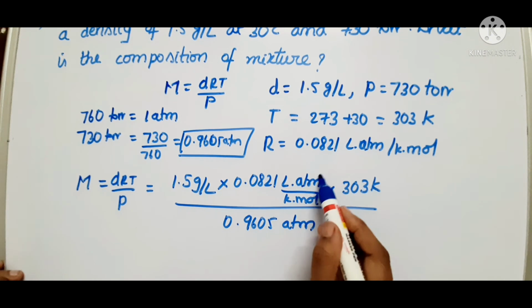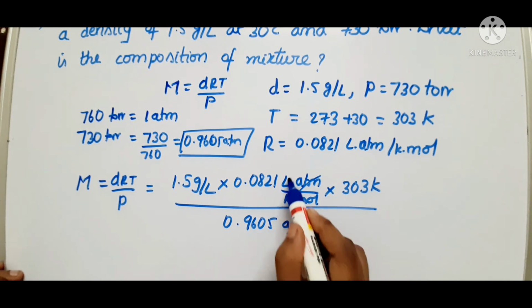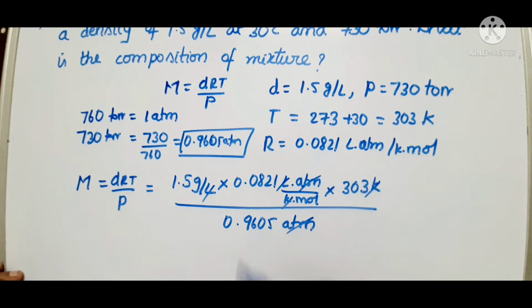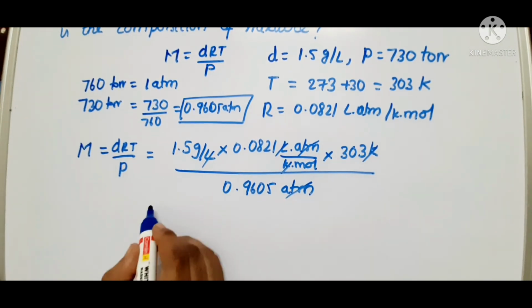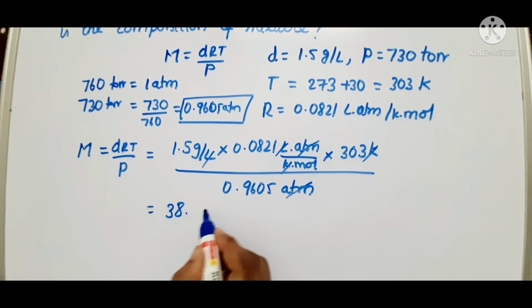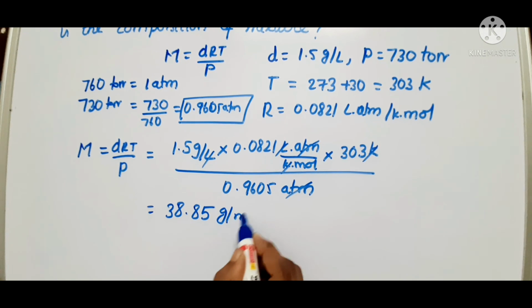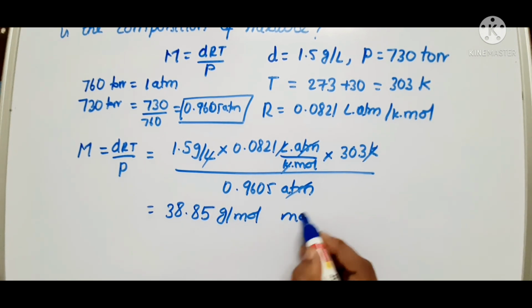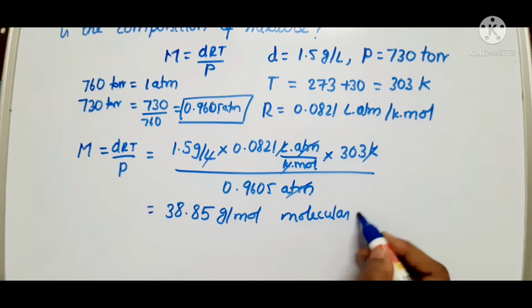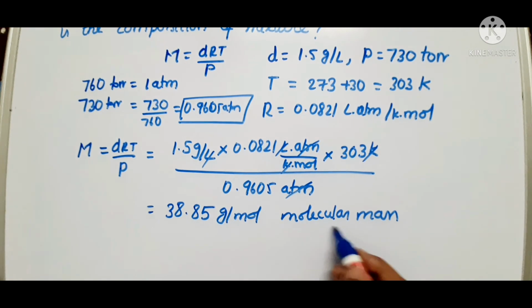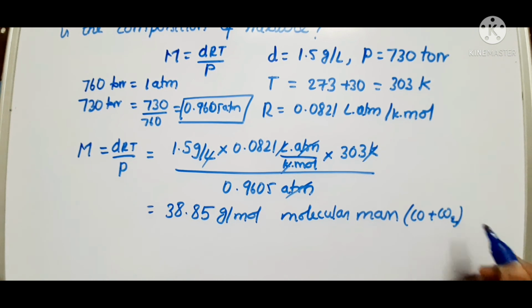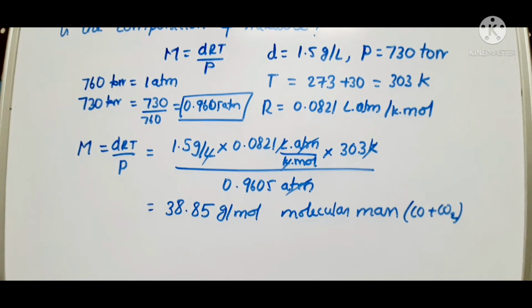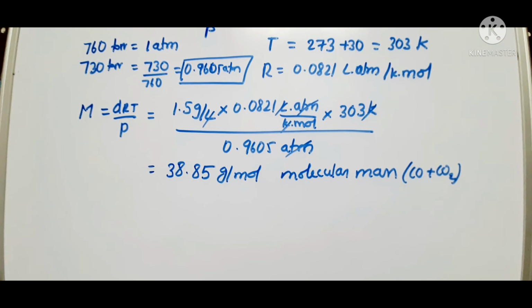When you cancel liter atmosphere, liter, and Kelvin and calculate, the value will be 38.85 gram per mole. This is the average molecular mass of the gas mixture, that is CO and CO2. But you have to know the composition of each gas.